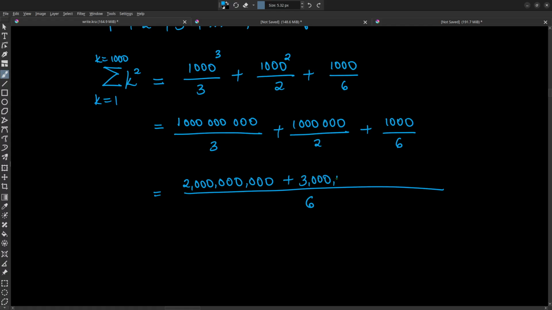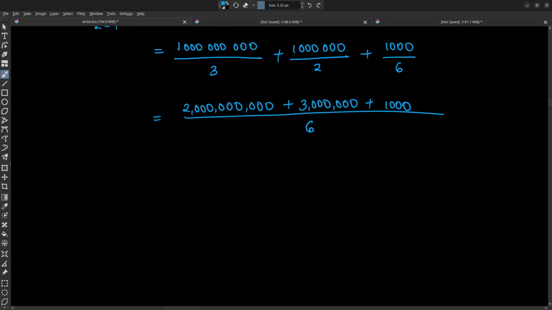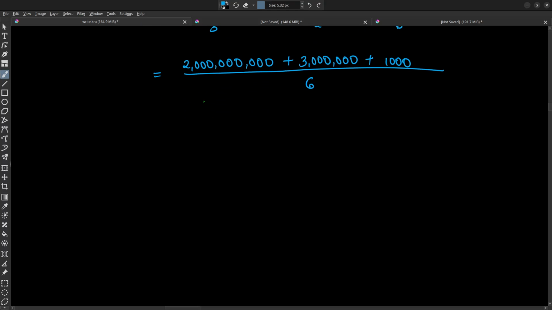And then plus 6 divided by 6, 1. 1 times 1,000, that is just 1,000. And then we can just do 2 billion plus 3 million plus 1,000.